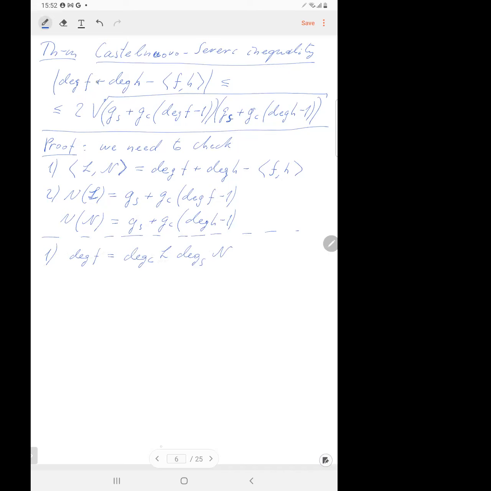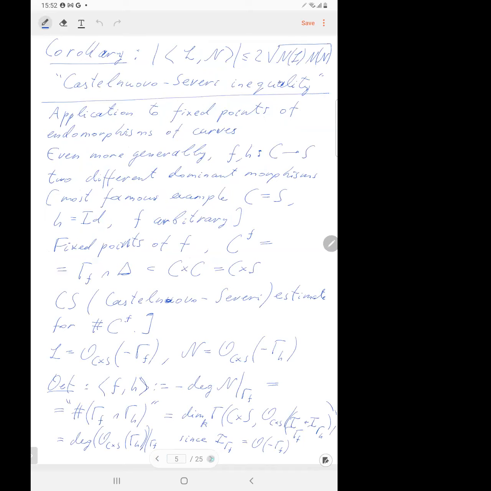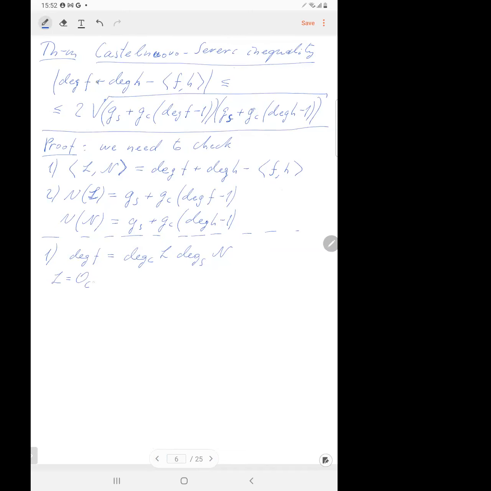Let's just recall what is L. So L was defined here. It's O of negative graph of f, and N is O of negative graph of h. So the degree of L along C is what?